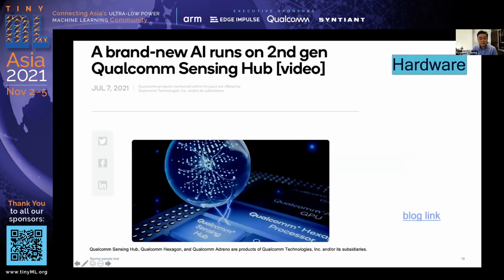If you see these Snapdragon chip architectures, there is a Qualcomm sensing hub. This is a low power island that a lot of sensors are connected to, and also the machine learning accelerators are there. So these are the platform for tinyML in Qualcomm.